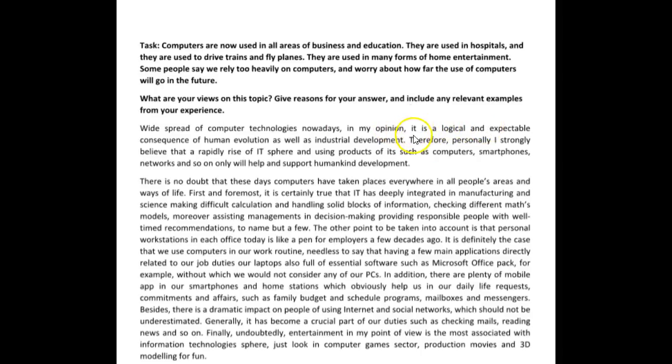You don't need it because all of this is already your subject. So the "it" is not necessary. So, a logical and expected is the correct word here, not expectable, but expected consequence of human evolution as well as industrial development.